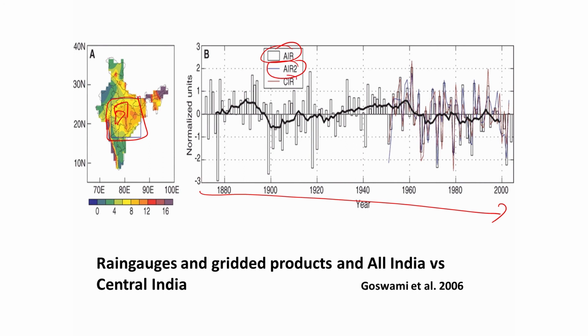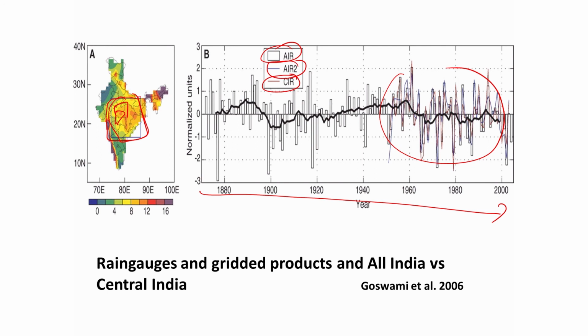And also central Indian rainfall, this box here, and they argue that if they want to look at this homogeneous region in central India, it's okay, it represents all India rainfall variability because the correlation between the two is very high.